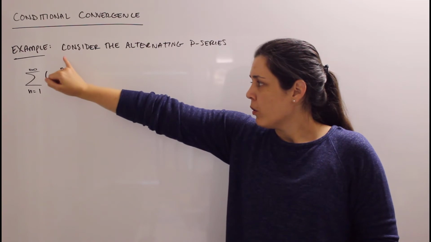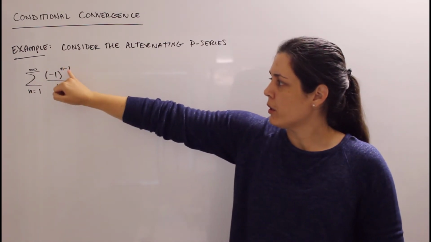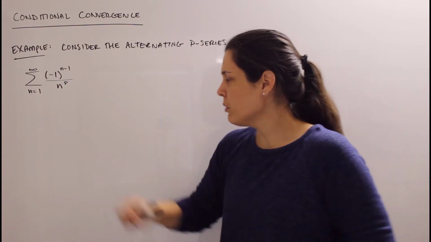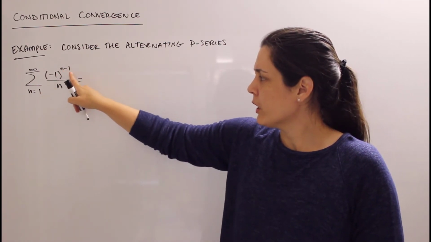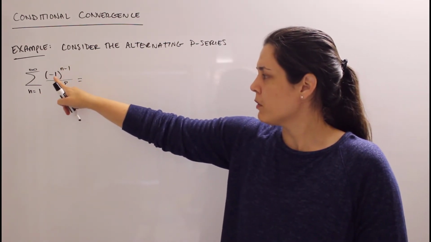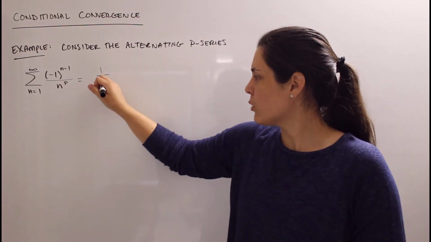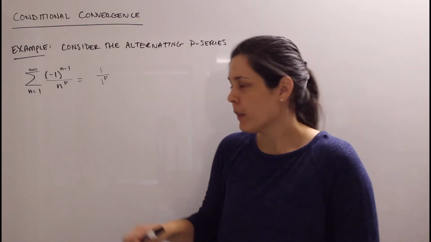So we have what would have been 1 over n to the p, but now we have our -1 to the power, this time n minus 1, but let's just write out the first few terms. If n is 1, plugging that in, you get a power of 0, so that becomes 1 on top, and then 1 to the p power on bottom, which is just 1.